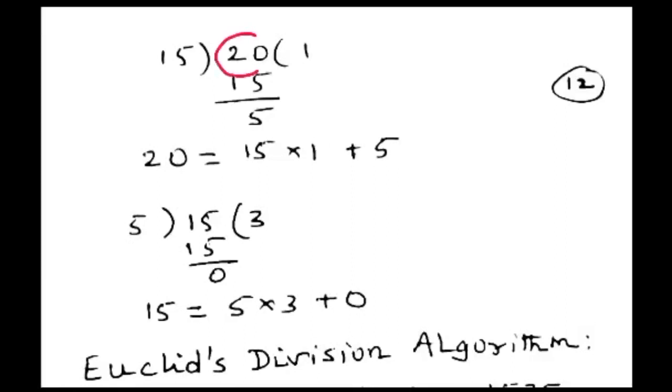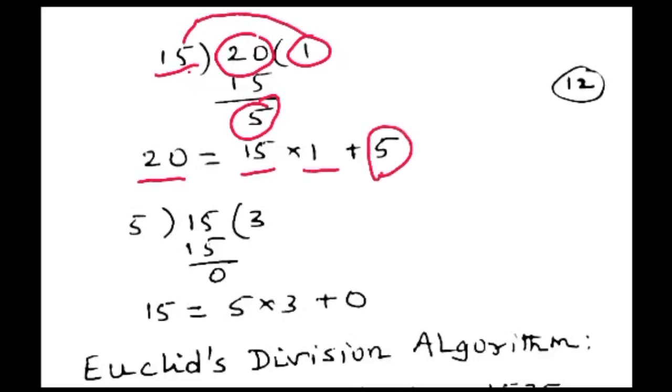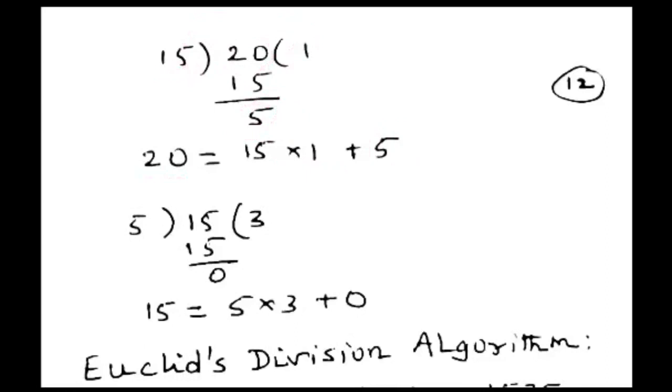So, when 20 is divided by 15, we get quotient 1 and remainder 5. Therefore, dividend 20 equals divisor 15 multiplied by quotient 1 plus remainder 5.